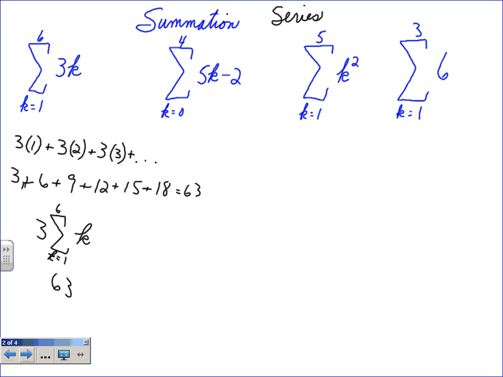You have that 3 times, and for k we're going to put in 1, and then 2, and then 3, 4, 5, and 6. Smaller numbers to add up. 1 plus 2 is 3. 3 plus 3 is 6, plus 4 is 10, plus 5 is 15, and 6 is 21. And 3 times 21 is 63. So we do have that property where I can take the coefficient and bring it out front.